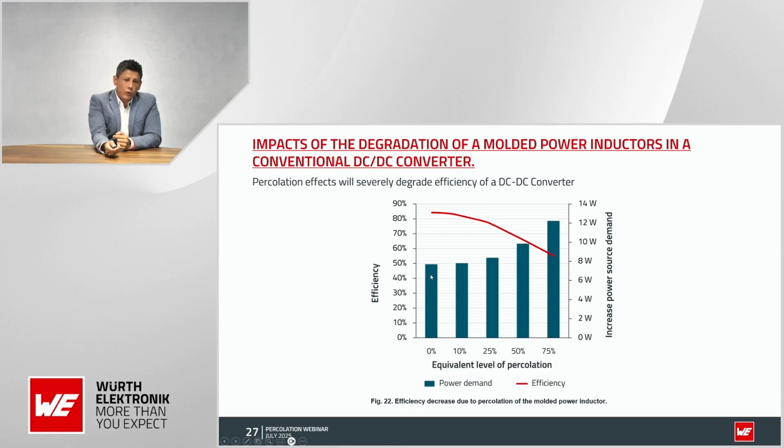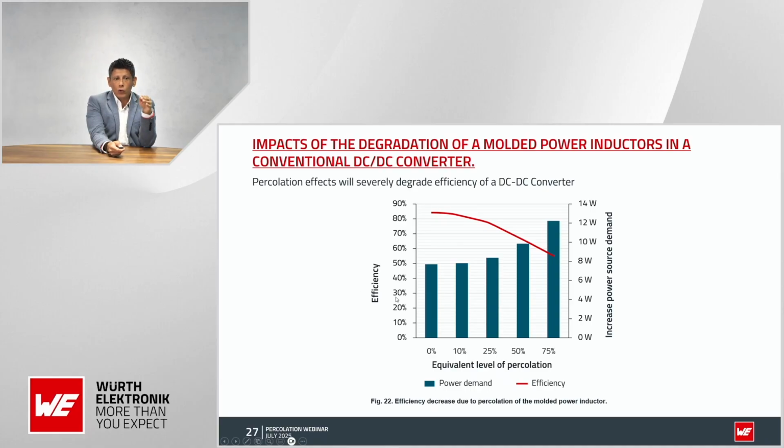But for sure, if we take as reference 85% of efficiency in this case, we can have a decrease to almost 55%. So a 50% decrease if you use 85% as reference for our efficiency. And for most applications, the battery is out. So we are going to have this kind of problem.